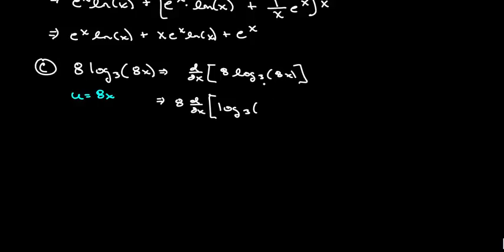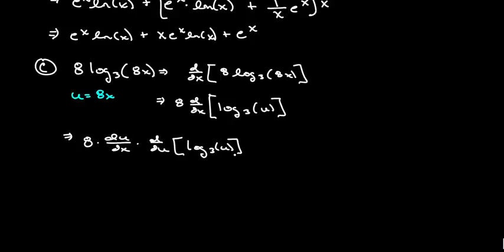And we're going to replace the 8x with u. But now, I don't want to differentiate with respect to x, I want to differentiate with respect to u. So chain rule is going to give me 8 times du dx times d du of log base 3 of u.